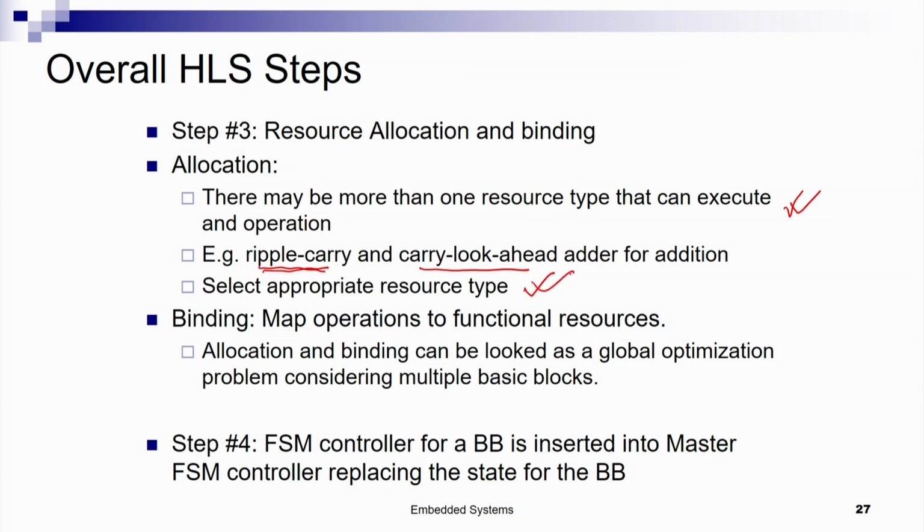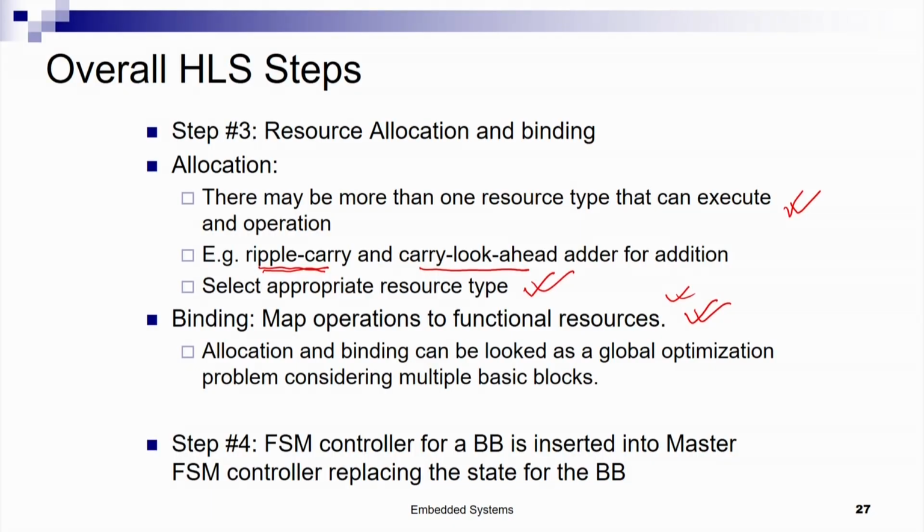Once the resource types are selected, we need to do binding. That means the operations have to be bound to the functional resources. So, the operations have now to be actually bound to specific hardware resources. So, we have done an allocation, that means which resource type to use.